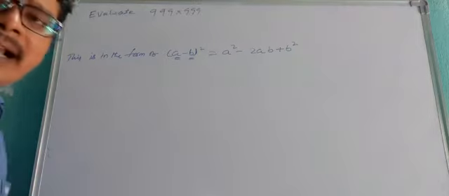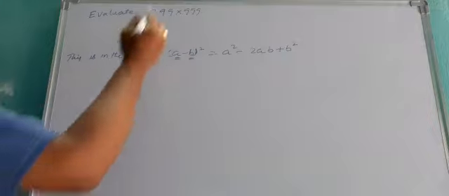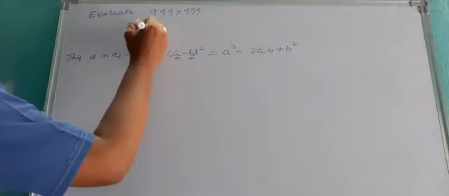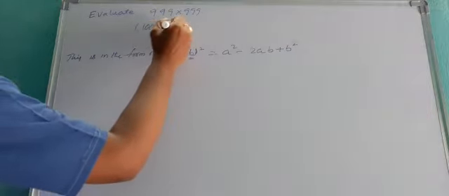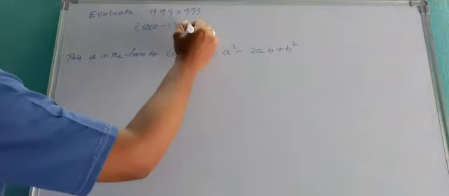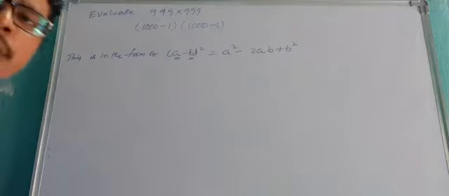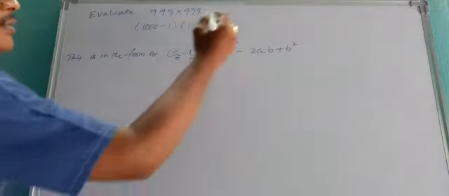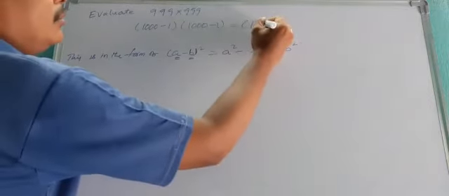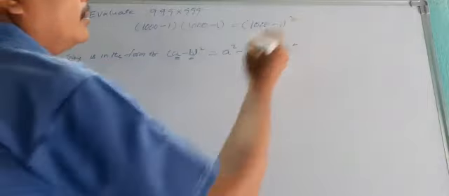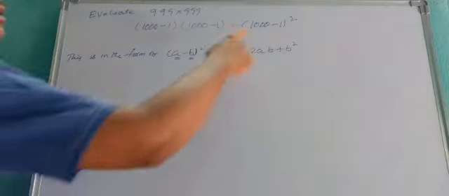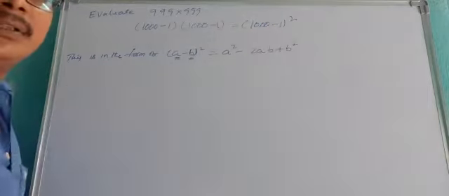Evaluate 999 into 999. So 999 can be expressed as 1000 minus 1. So (1000 minus 1) into (1000 minus 1) equals (1000 minus 1) whole square. Now this is in the form of (a minus b) whole square.